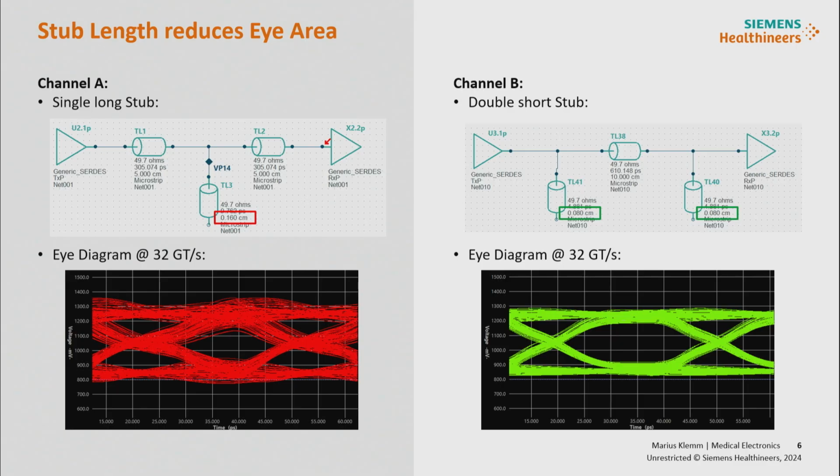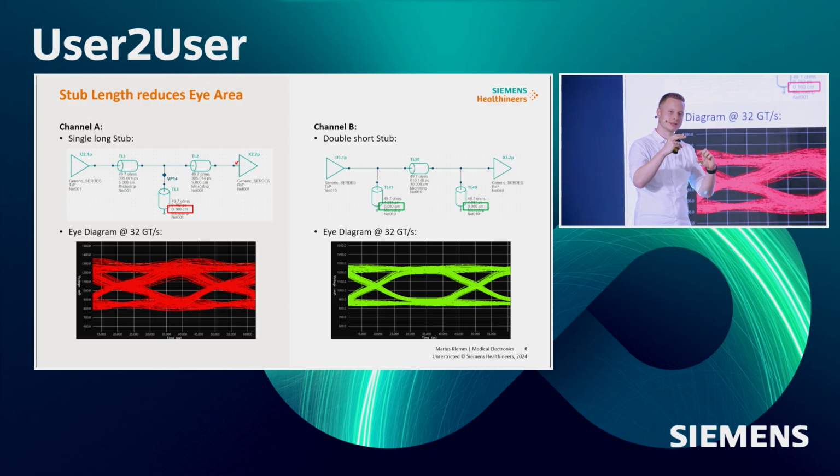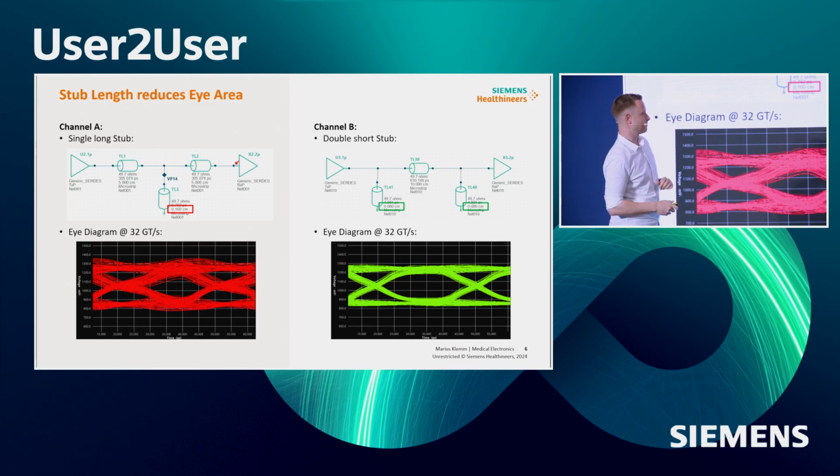So it's a stub outside of the signal path where the signal wouldn't or shouldn't travel through. Vias are drilled through, and you connect to two layers, and most of the time you have a remaining stub in the via. And this is a very short model of this.